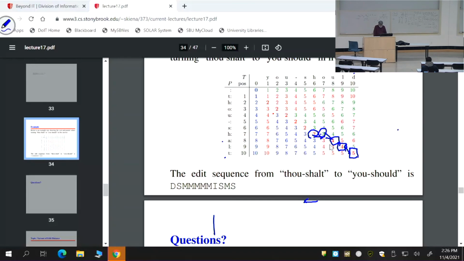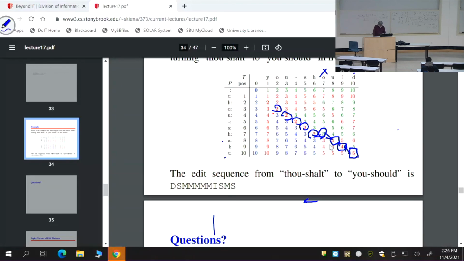If I delete the O, now I've got you shu to thou shu. And now the H is the same. The S is the same. The blank is the same. The U is the same. The O is the same. Notice that the costs don't change.